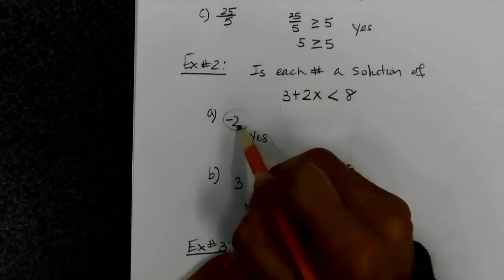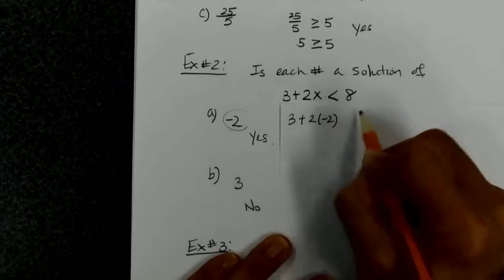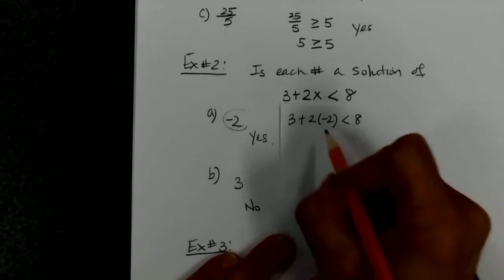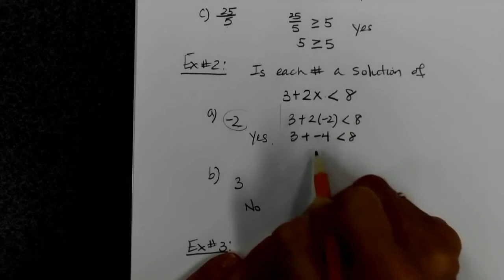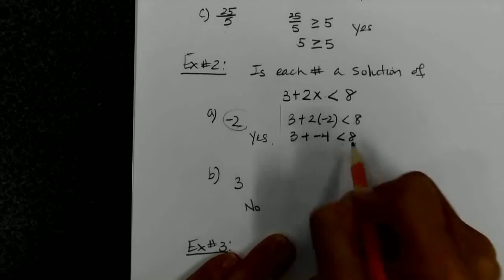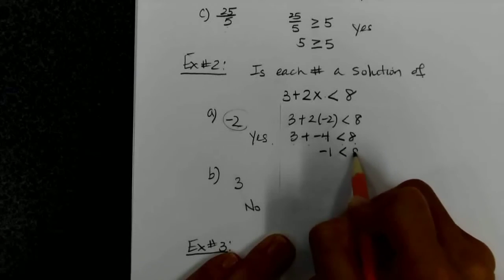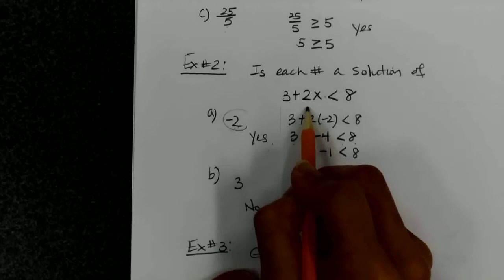So you do it again. You plug in -2 for x, so 3 plus 2 times -2. Is that going to be less than 8? Well, when you plug it in, you get 3 plus -4, which is -1. -1 is less than 8, so -2 is a solution to that inequality.